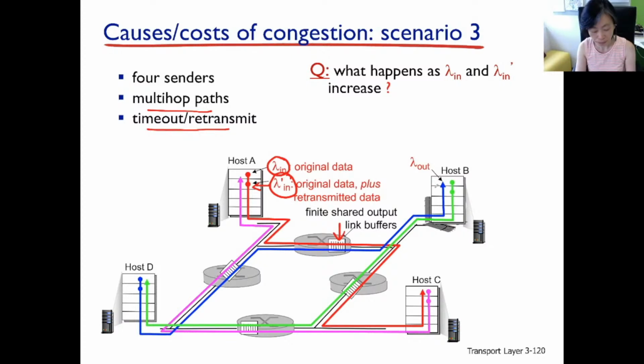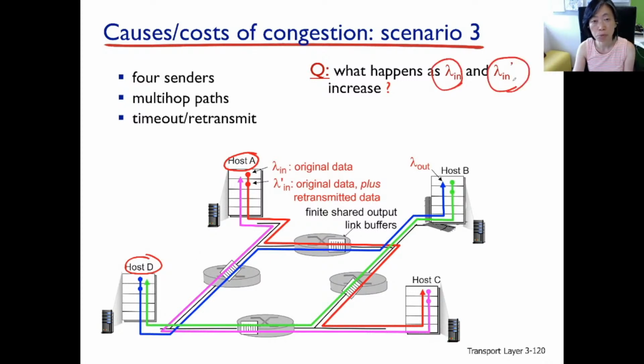Now let's focus on the red flow coming from host A and the blue flow coming from host D. These flows will increase the sending rate lambda in, and therefore lambda in prime will also be increasing, sometimes faster than lambda in. Now, what's going to happen when lambda in and lambda in prime increase?